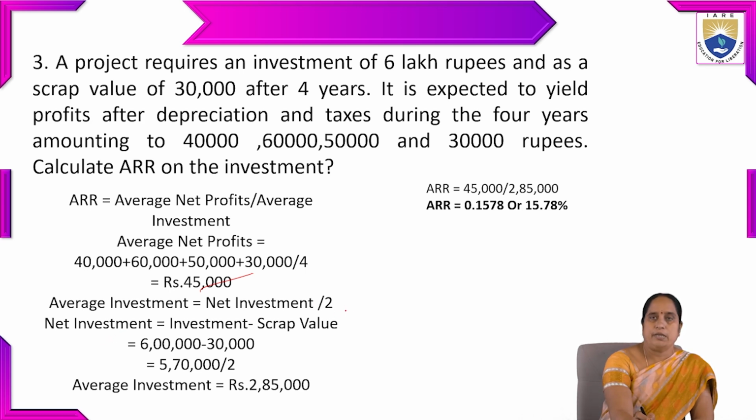Investment minus scrap value. Here the investment of the project is 6 lakhs minus 30,000, that is scrap value. So 5 lakh 70,000 by 2. So average investment becomes 2 lakhs 85,000. Then substitute these values in this formula.